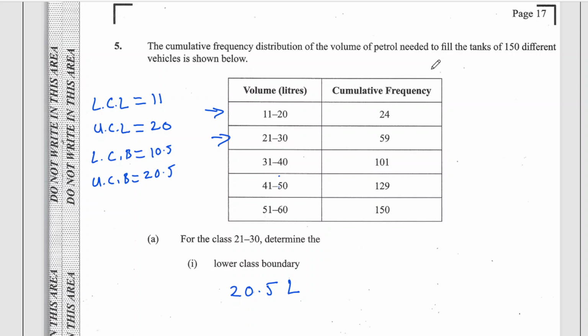No. Why is it not 101? Because of the heading. What's the heading? Cumulative frequency. So this 101 represents how many come before and including it. Since it's cumulative frequency, we need to find the frequency.